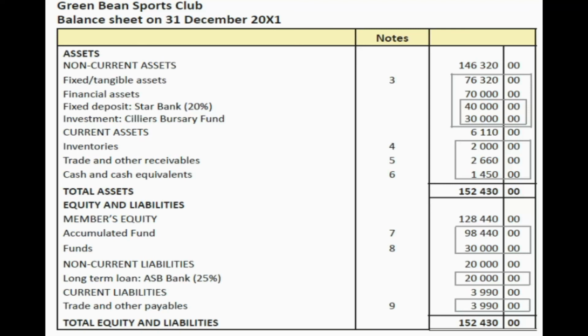If we add those three amounts, we get the same as the assets, which is 152,430. Assets equals equity and liabilities. In this case, it's not owner's equity, it's members' equity and liabilities.